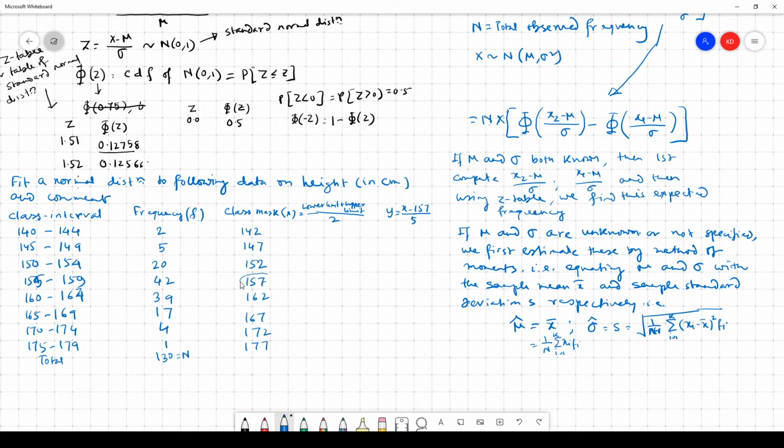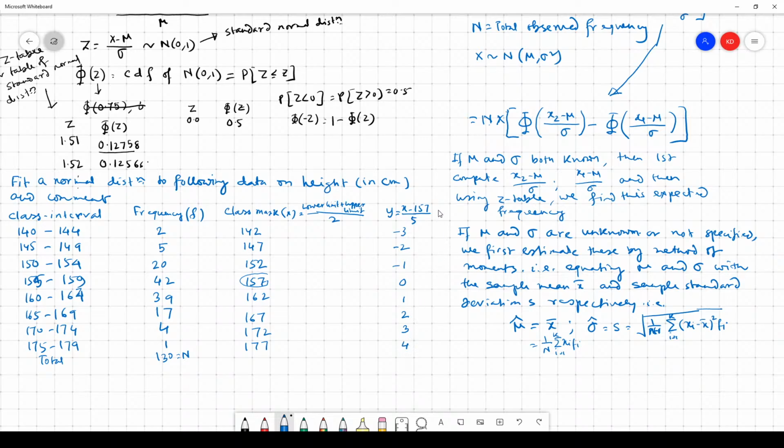Okay, if you look at this portion, you see that 157 almost lies in the middle. So now y is minus 3, minus 2, minus 1, 0, 1, 2, 3, 4.